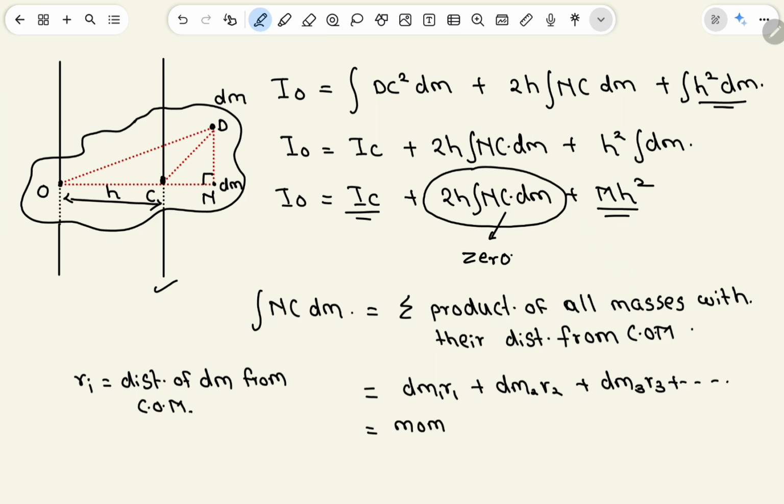This product of mass and its distance from center of mass is called moment of mass, and the summation of moment of masses about center of mass is 0.